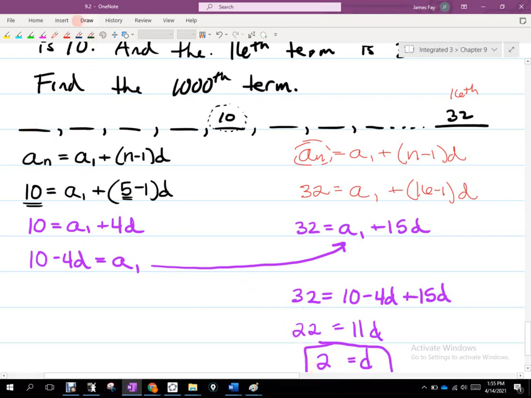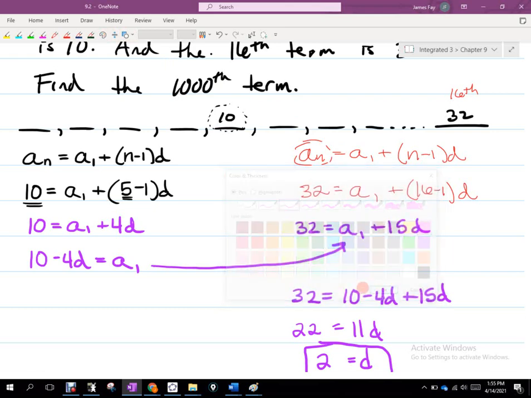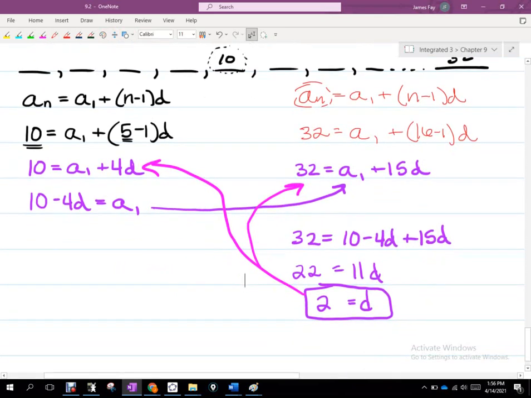Now that I know d, I can come back up into either equation and plug in d. It doesn't matter which one you do this to. I'm going to go back into this first one. Actually, it might make more sense to plug into this one.